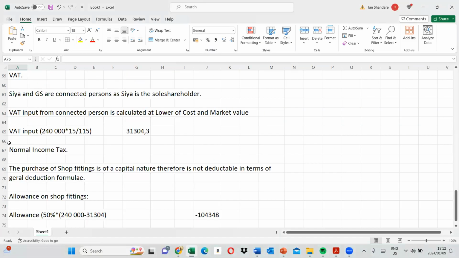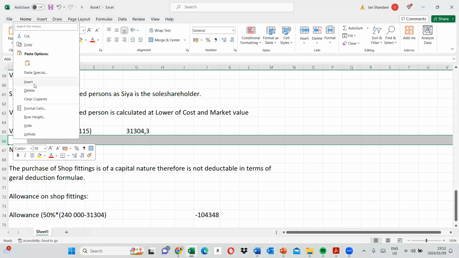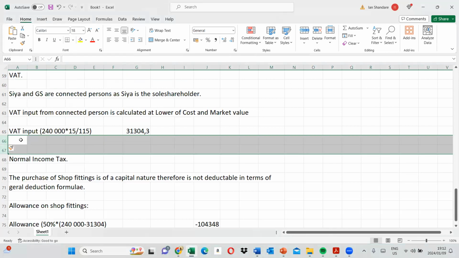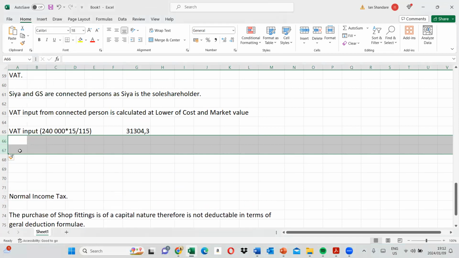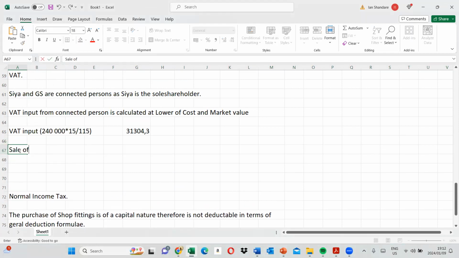So we have to discuss that sale as well. The sale of the fittings: in this regard, VAT output. GS will levy VAT output on the selling price.